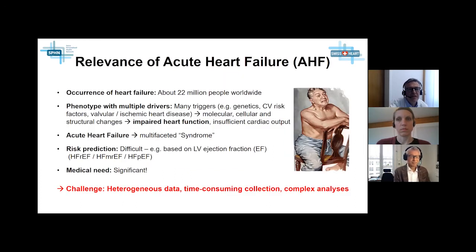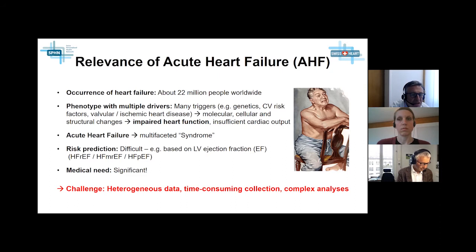Now, what is the relevance of acute heart failure? Why did we embark on that particular subject? It is very frequent. The occurrence of heart failure worldwide is estimated to be about 22 million people. The phenotype and the drivers are multiple. It's a typical syndrome. It has many triggers. It starts with genetics and genetic alterations. Cardiovascular risk factors play a role.